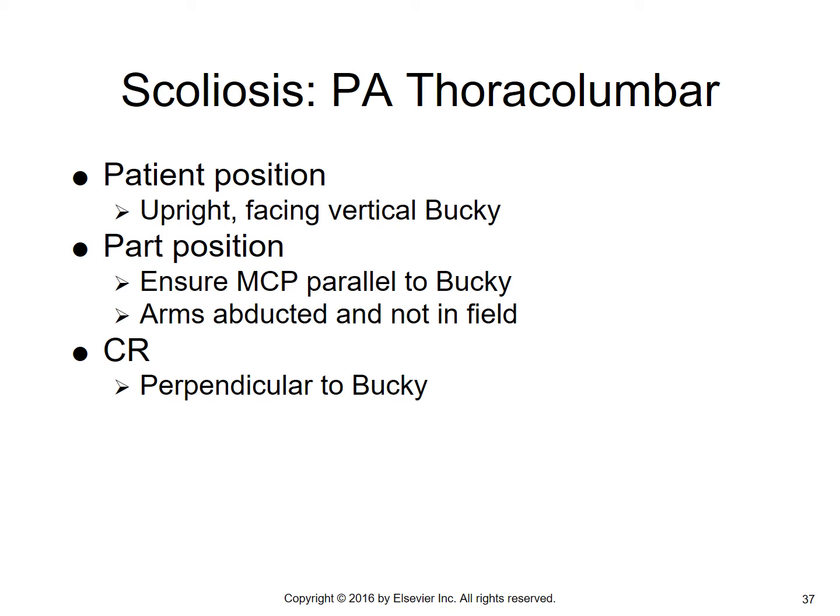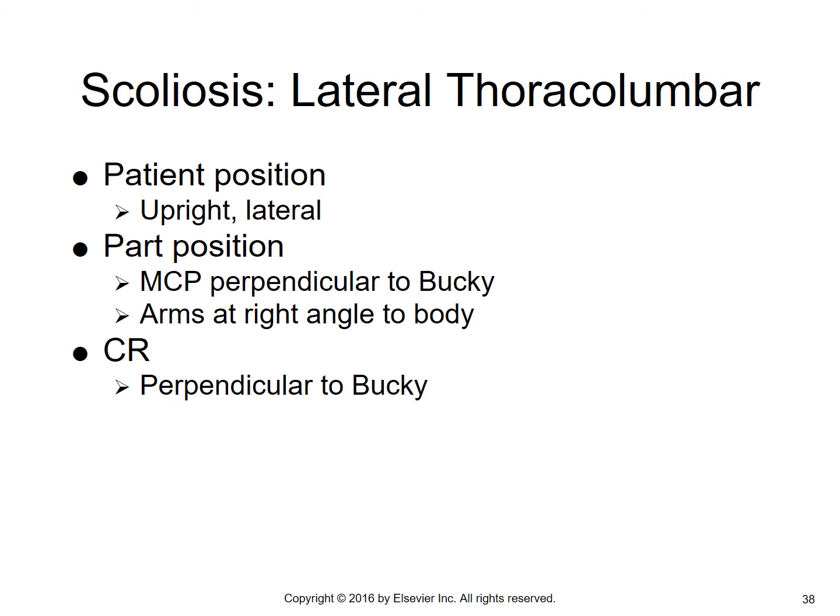Ensure the MCP is parallel to the bucky. Abduct the arms so they're not in the field, and your central ray is perpendicular. For the lateral thoracolumbar, the patient is upright, body is lateral, MCP is perpendicular to the bucky, arms are at a right angle to the body, and the central ray is perpendicular to the bucky.